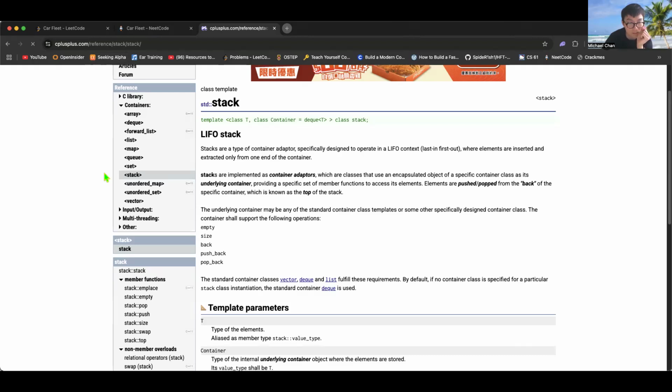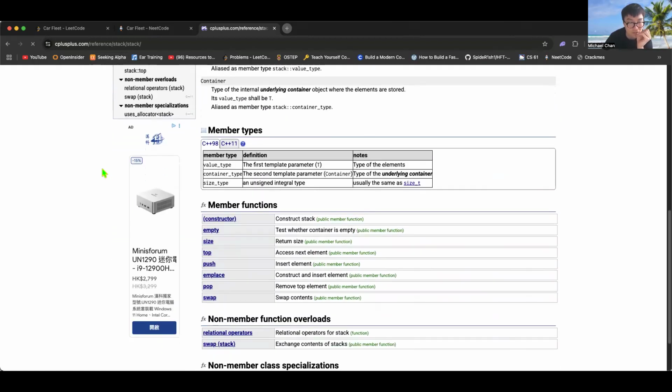Isn't there a way to just clear the stack?